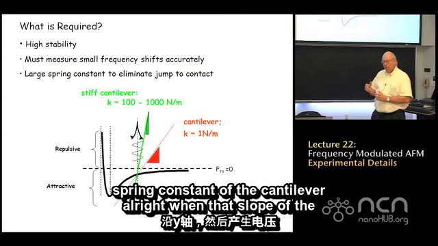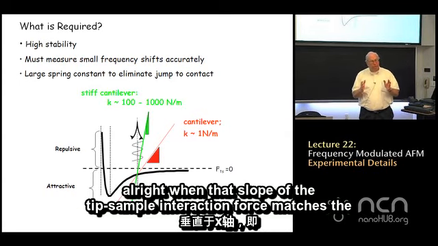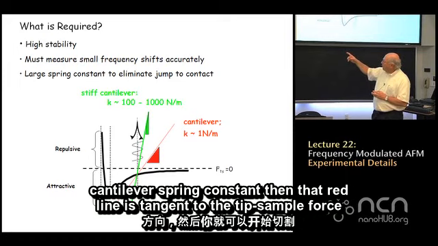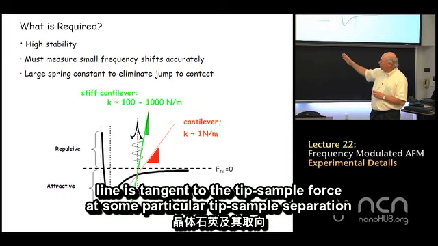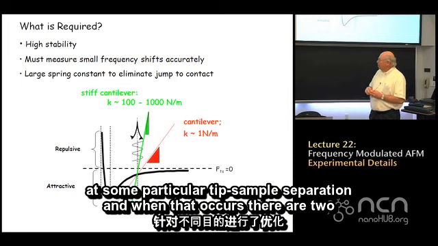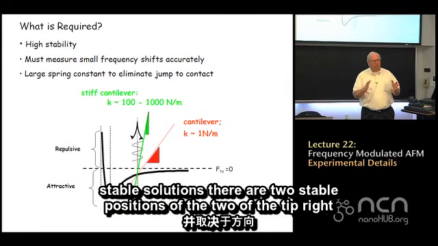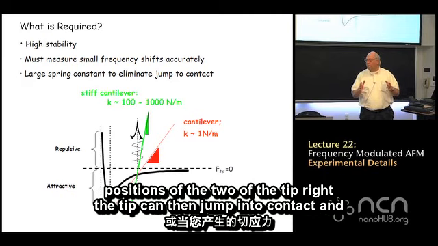When that slope of the tip sample interaction force matches the cantilever spring constant, then that red line is tangent to the tip sample force at some particular tip sample separation. And when that occurs, there are two stable solutions. There are two stable positions of the tip, right? The tip can then jump into contact.